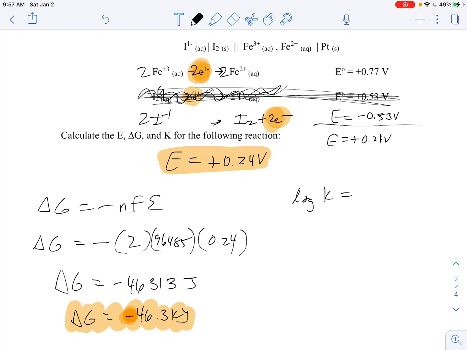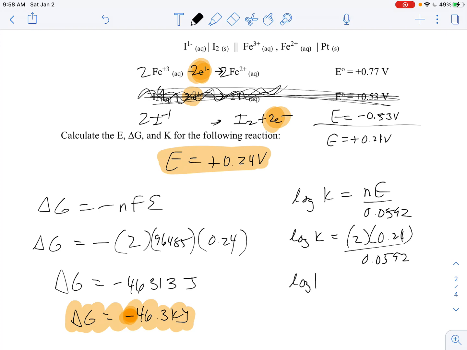And then finally, our other one here is the log of K is equal to, nope, I always want to put that on top, nE over 0.0592. So the log of K is going to be equal to 2 times 0.24 divided by 0.0592, which is 8.11, or K is going to be equal to 10 to the 8.11.